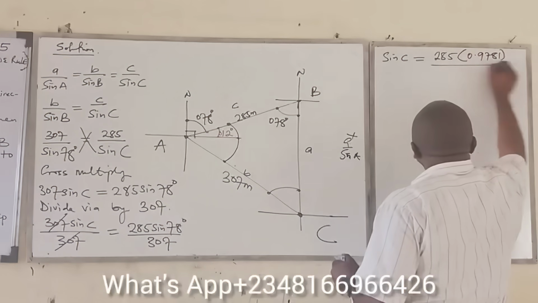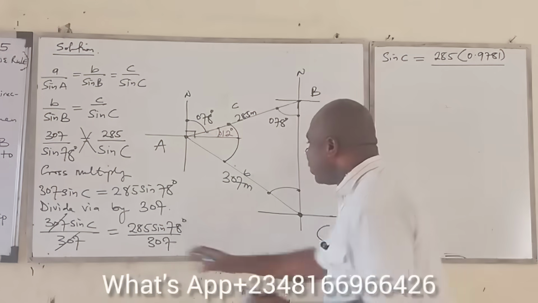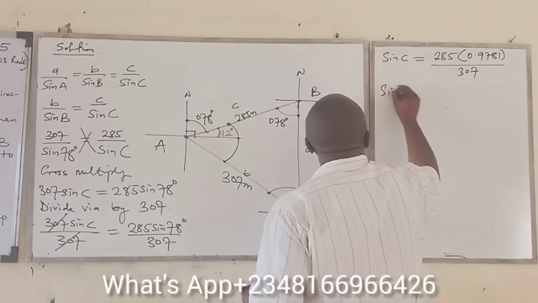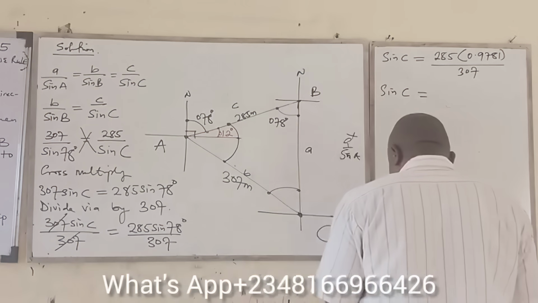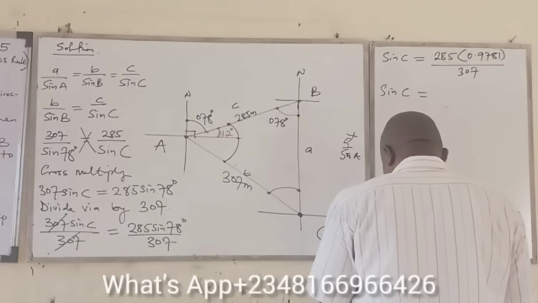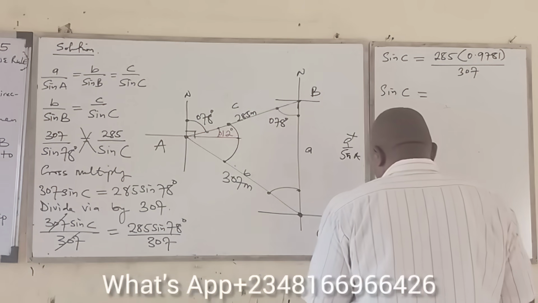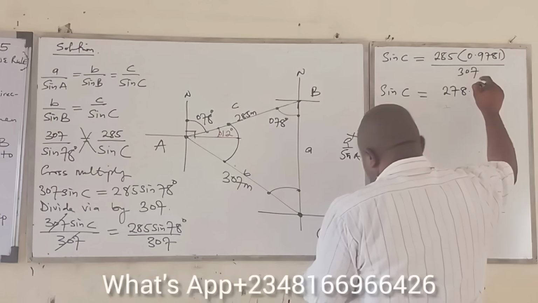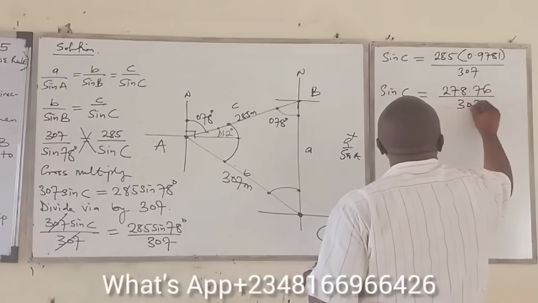So sine big C will be equal to 285 times 0.9781, which gives us approximately 278.76, all over 307.